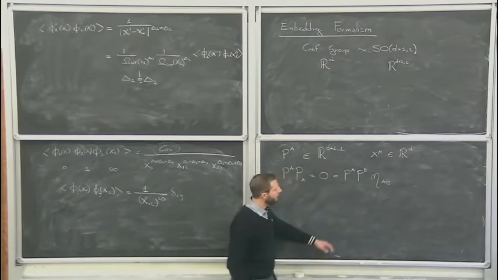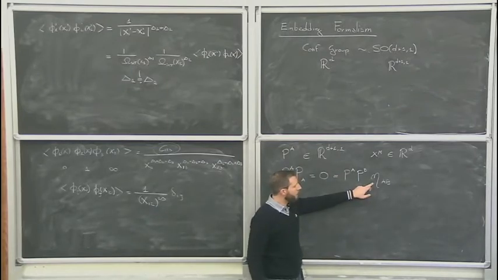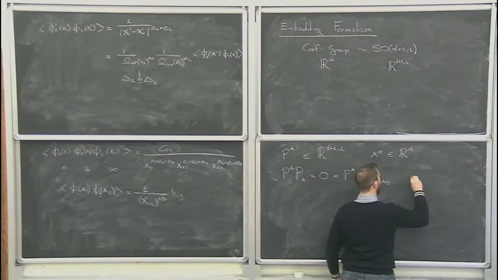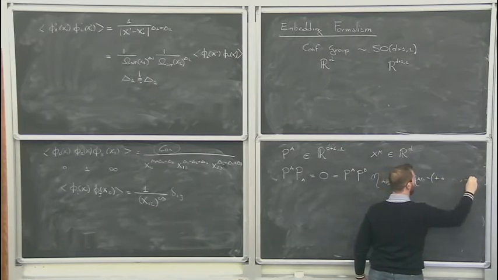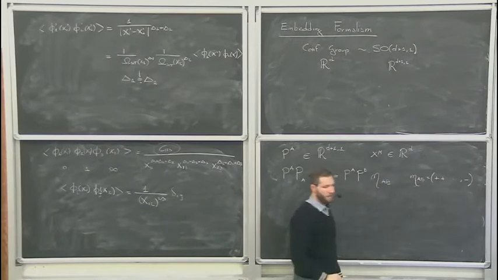This is a metric with mostly plus, so plus, and then one minus.